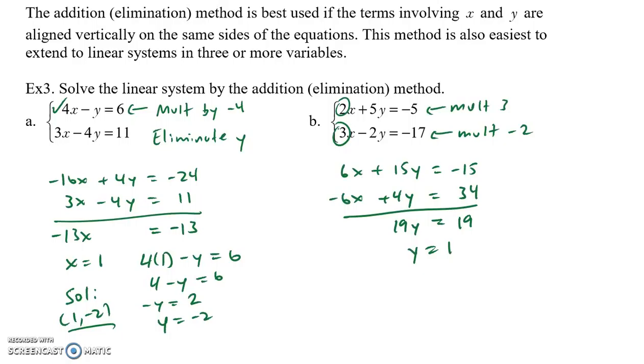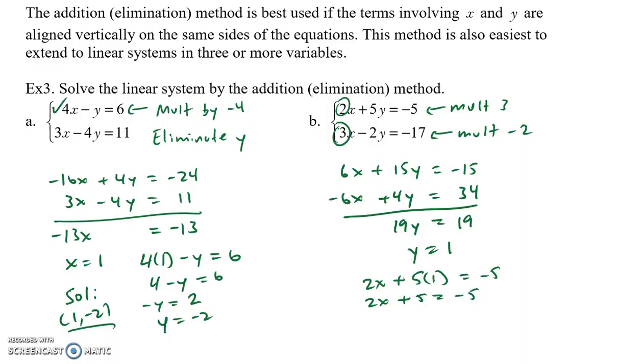Having solved for y, if we now substitute back into one of the two equations, let's use the first equation, 2x plus 5y equals negative 5. We could use either equation. So we have 2x plus 5, but y now will be replaced with 1 equals negative 5, and that gives us 2x plus 5 equals negative 5.